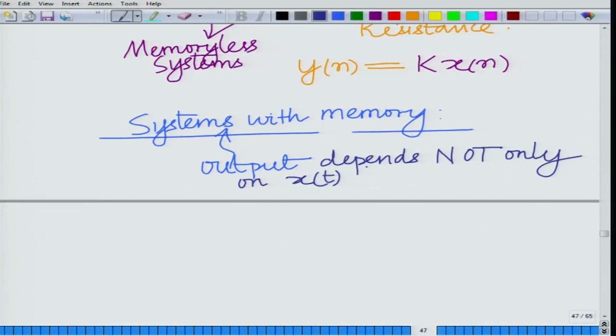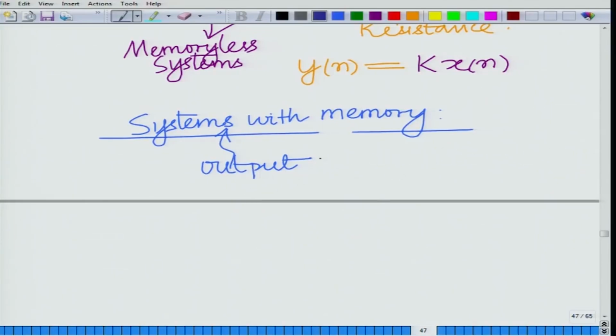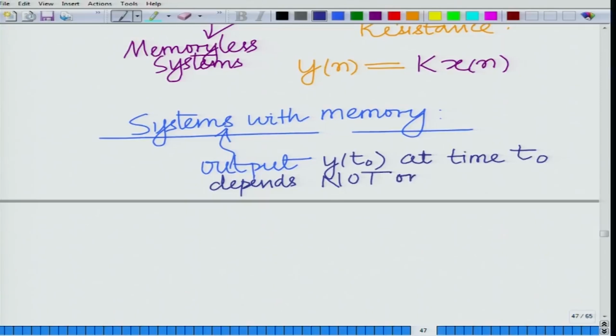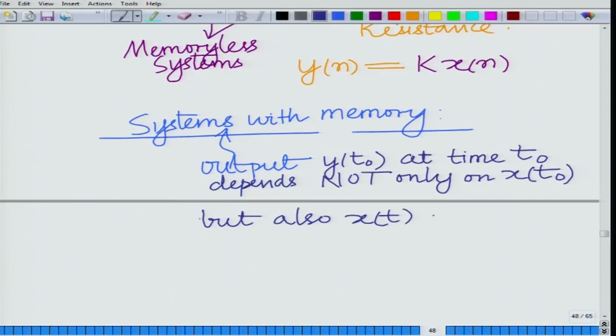So, the output, let us call this output y of t naught, depends not only on x of t naught, but also on x of t for t less than t naught. That is the key.